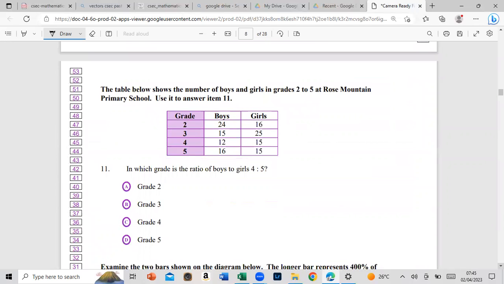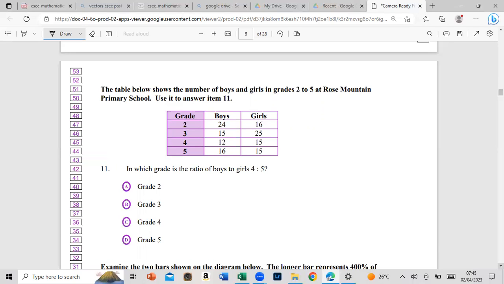The table below shows the number of boys and girls in grade 2 to 5 at Rosemount Primary School. Use it to answer item 11. And they went on and they say, in which grade is the ratio of boys to girls 4 to 5? Alright, so let us examine each number and we're going to break down each of them.